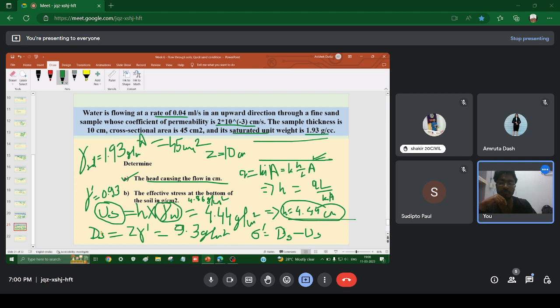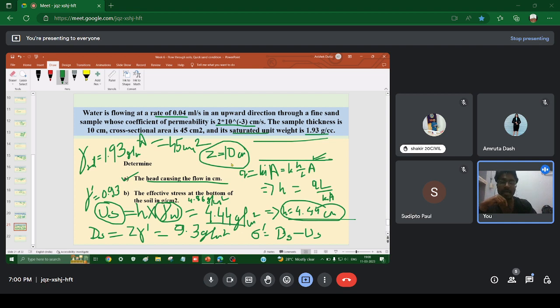Now what is the downward force? Downward force is the effective stress of the sand layer. What is the effective stress of the sand layer? Z gamma submerged, because the value of Z is 10 centimeter, but the head which is causing the flow is 4.44 centimeter.